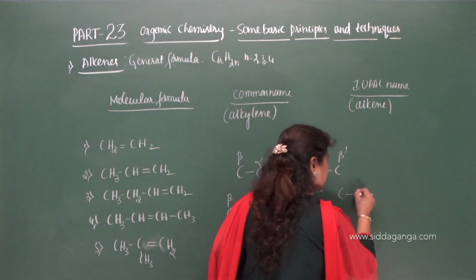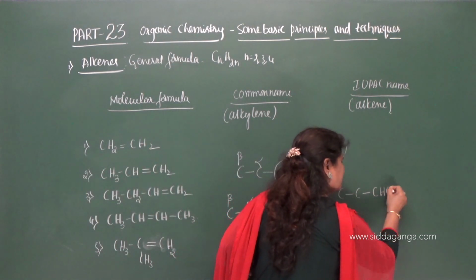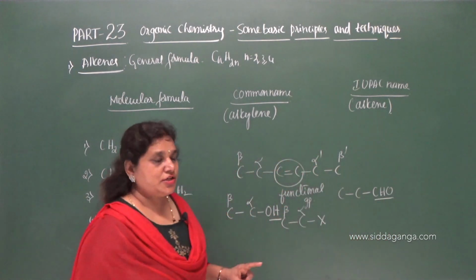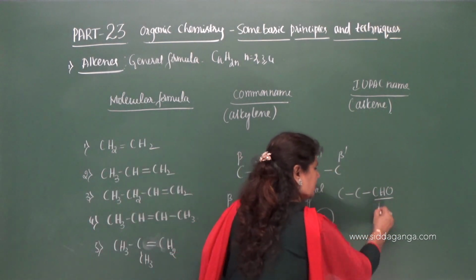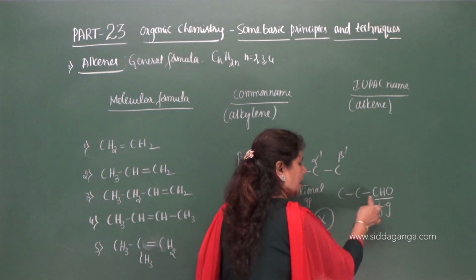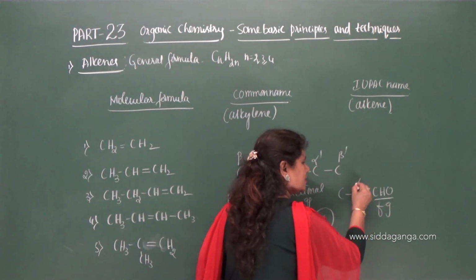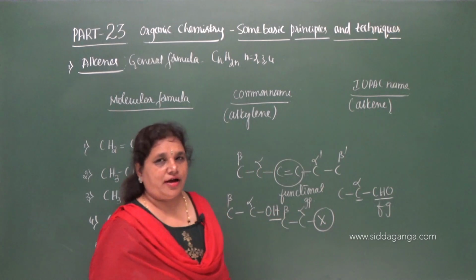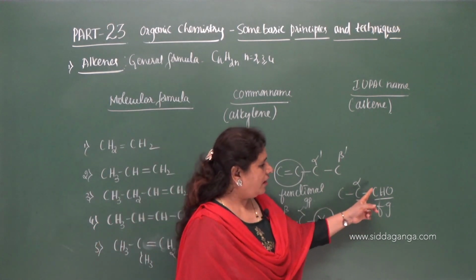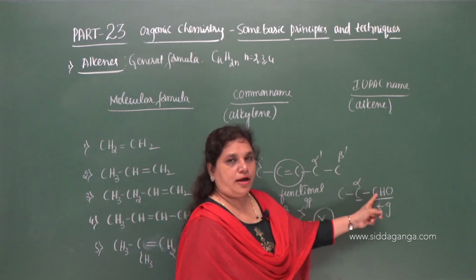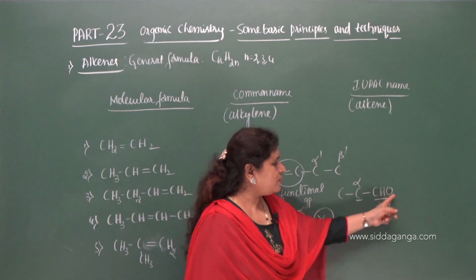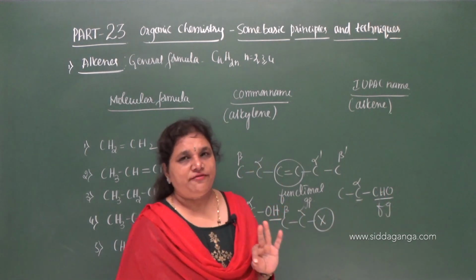Now, let me give this carbon chain. What is the functional group here? CHO is the functional group. Adjacent to that functional group is this carbon, and hence it is alpha carbon. Here you cannot give the alpha to this carbon because this belongs to the functional group. So, what is alpha carbon?